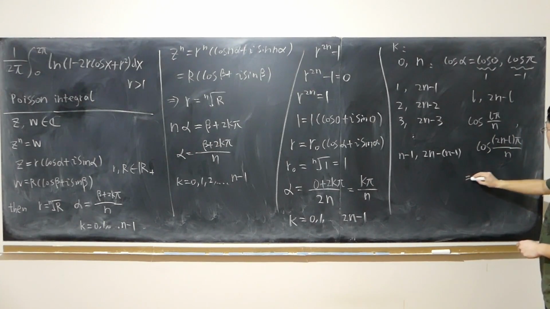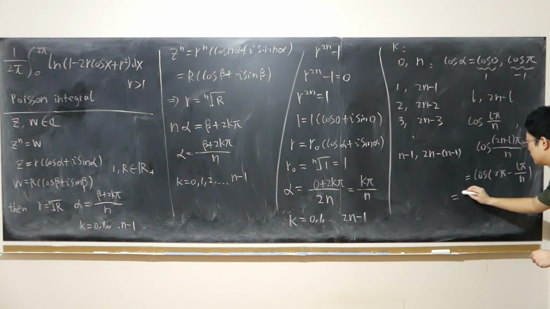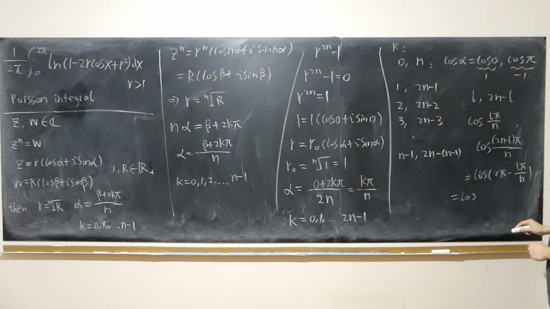So that's equal to cosine of 2 pi minus L pi over n. Of course, that's cosine of negative L pi over n, because cosine is an even function, so cosine L pi over n.